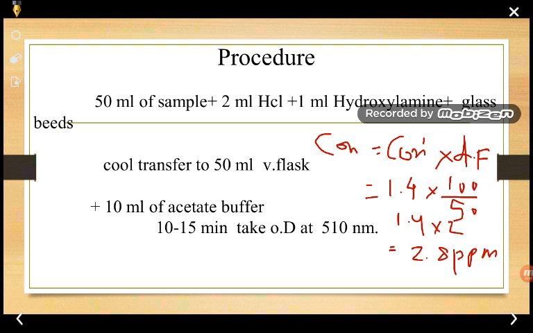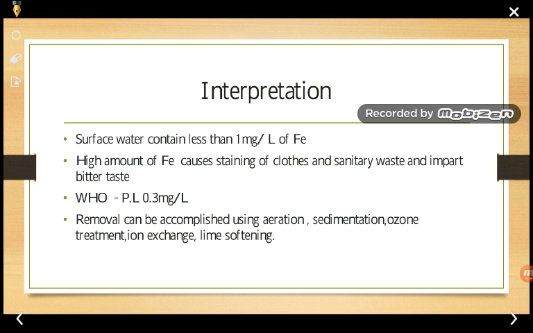So how do we infer whether the given sample ion concentration is in the permissible limit or not? For that we must know the permissible limit by means of WHO or by means of BIS, Bureau of Indian Standards. What we interpret from this experiment is that surface water contains less than 1 milligram per liter of the ion, which may be in soluble or insoluble form.